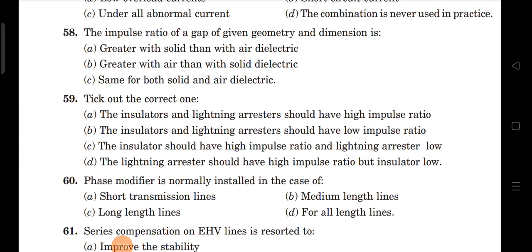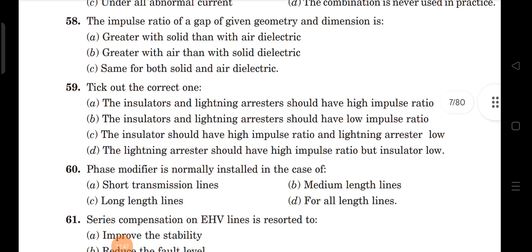Tick out the correct one. The insulator and lightning arrestor should have high impulse ratio. Next, the insulator and lightning arrestor should have low impulse ratio. And the third option is the insulator should have high impulse ratio and the lightning arrestor low. That means the third option is correct.